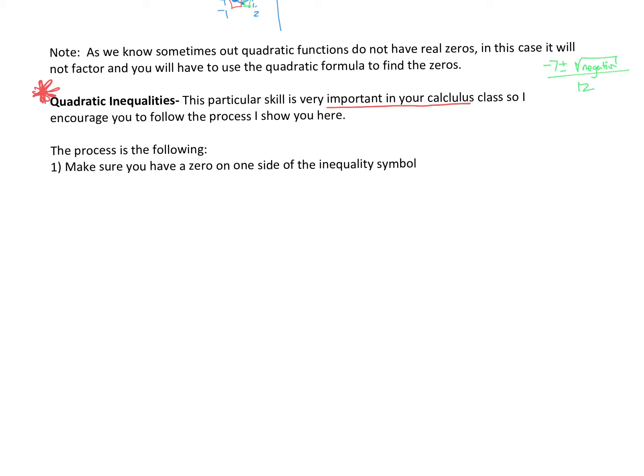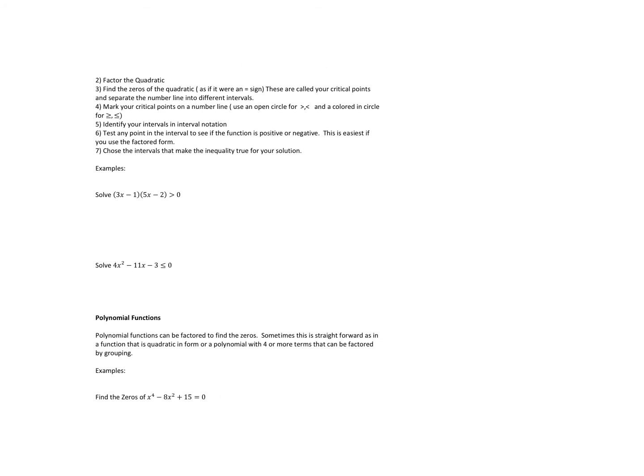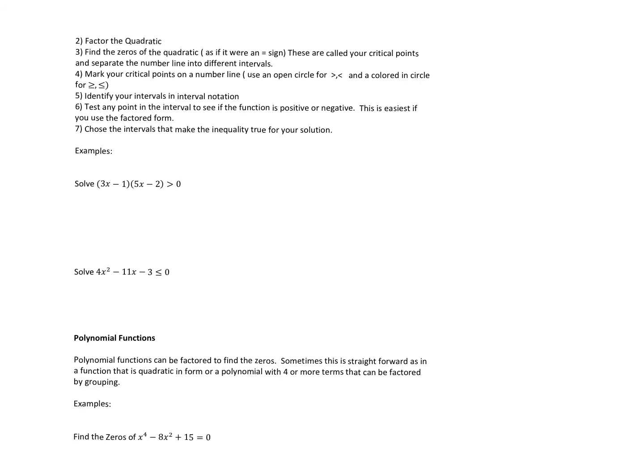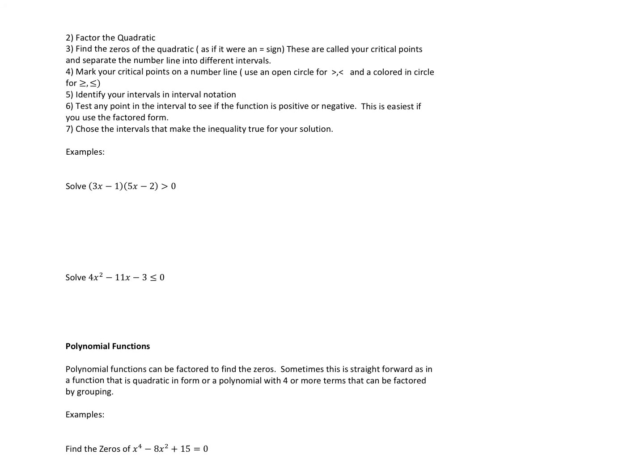So the process is: make sure you have a 0 on one side of your inequality symbol. Second, factor the quadratic. Third, find the zeros of the quadratic as if it were an equal sign. In calculus, we call these critical points. These critical points are going to separate your number line into different intervals.